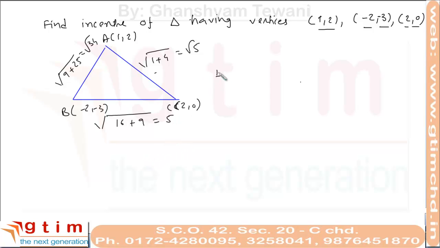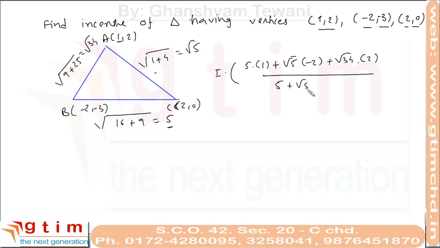Then the incenter of the triangle is, by formula, the abscissa of A multiplied with side length BC, so we have 5 multiplied by 1, plus root 5 multiplied by minus 2, plus root 34 multiplied by 2, and in the denominator we have the sum of sides, that is 5 plus root 5 plus root 34.